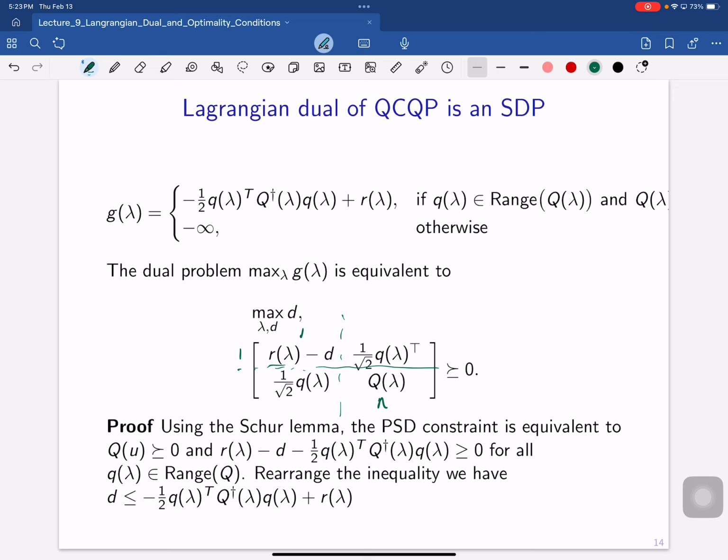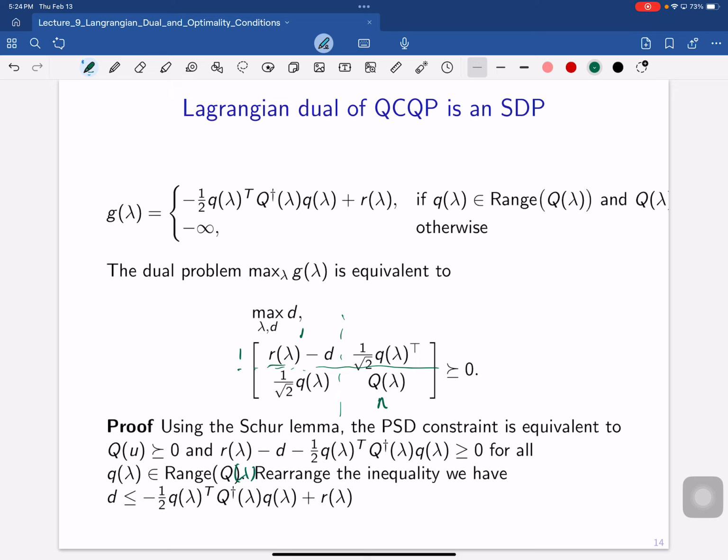So according to the Schur's lemma, when this big matrix is positive semi-definite, it is equivalent to this lower diagonal block being positive semi-definite, and also R lambda minus D minus 1 over 2, this is basically what Schur's lemma says, is greater than or equal to 0 for all the Q lambda in the column space of Q. It should be Q lambda here, right?